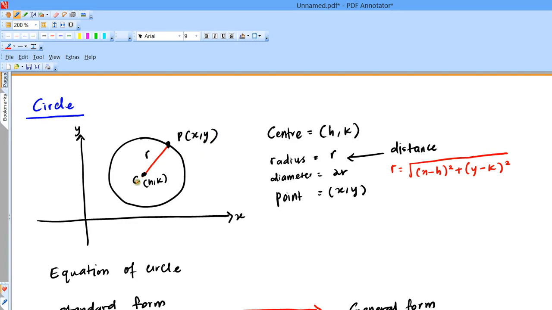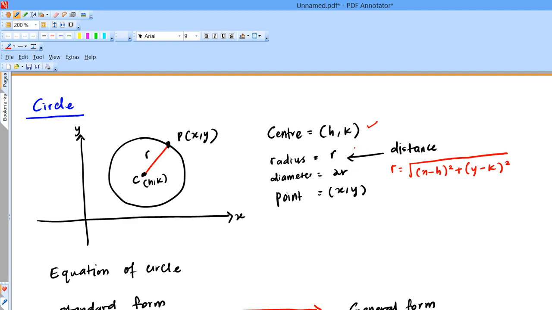The distance from C to P refers to the radius. Here we have the center equal to (h, k), and the radius represented by r, which is the distance from C to P. And 2r is equal to the diameter.